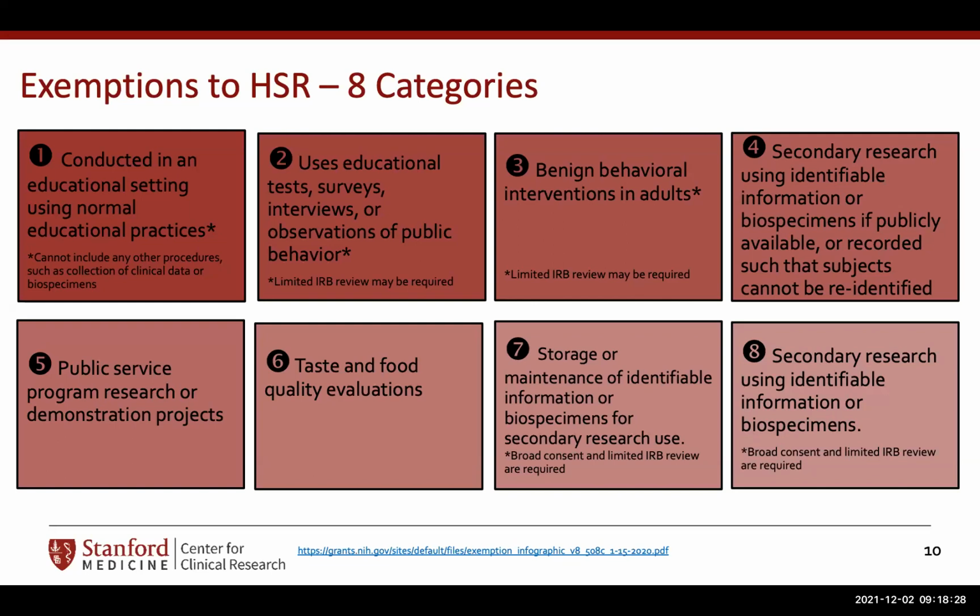It's information that has been collected and collated, and you're using that set of data for a secondary purpose. So even if it's identifiable information or biospecimens, it can be exempt if publicly available or recorded such that subjects cannot be re-identified. We recently had a question about a study where the PI was looking to collect biospecimens for the purpose of a biobank related to COVID.